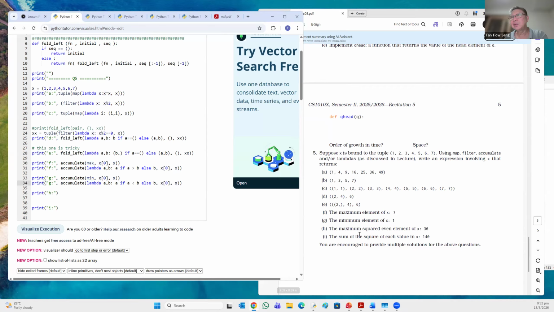Okay, so this. Then H, the maximum square even element of X, 36. Oh, so you are only taking the even number and squaring it. So 6 is the largest that you square. So it's simply 2 steps. This is so-called the signal processing way, right?